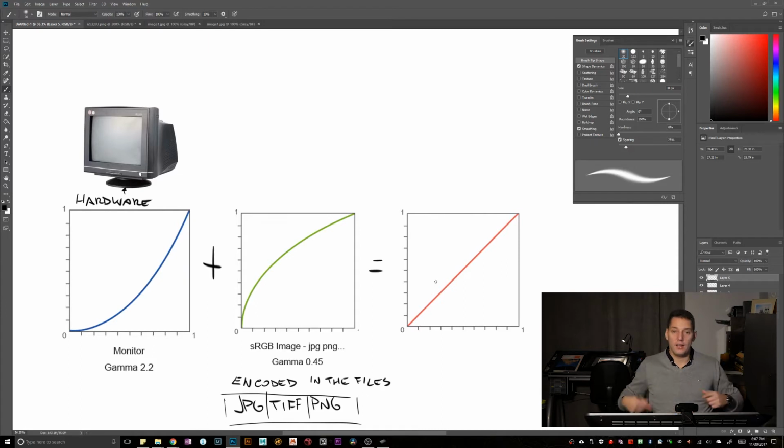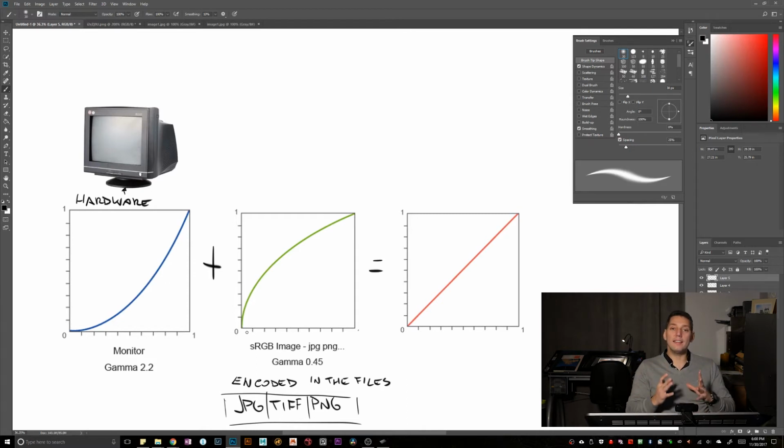So it's a little bit of a headache, but it makes sense if you think about it. Now, the good thing about this encoding, which was pure luck and wasn't studied or designed, is that this kind of curvature was pretty good to visualize the images, because our eyes have a similar behavior. We can distinguish tones better in the dark areas than in the bright areas.